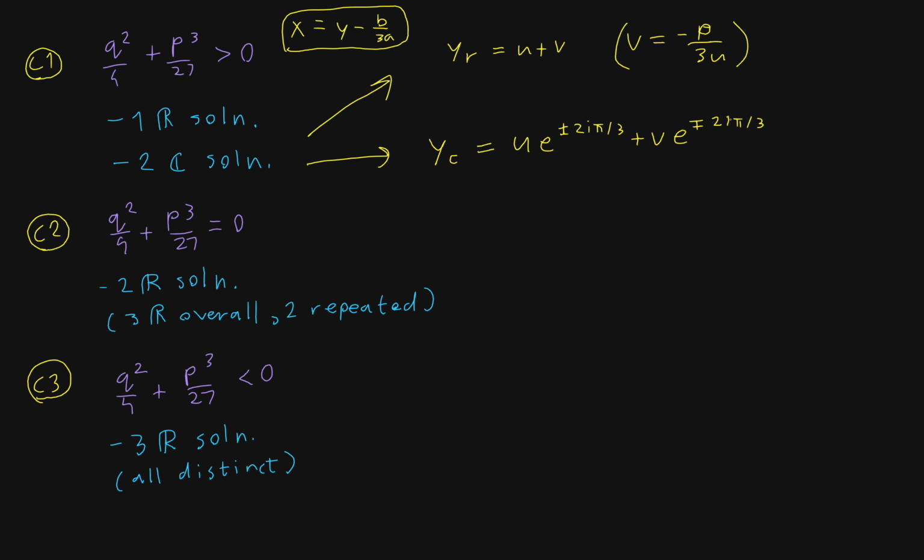So basically this is just accounting for the cube roots of unity, right? Because if you have the cube root of 1, this is going to be equal to 1, and negative 1 over 2 plus or minus root 3 over 2i, and that's what these are basically.